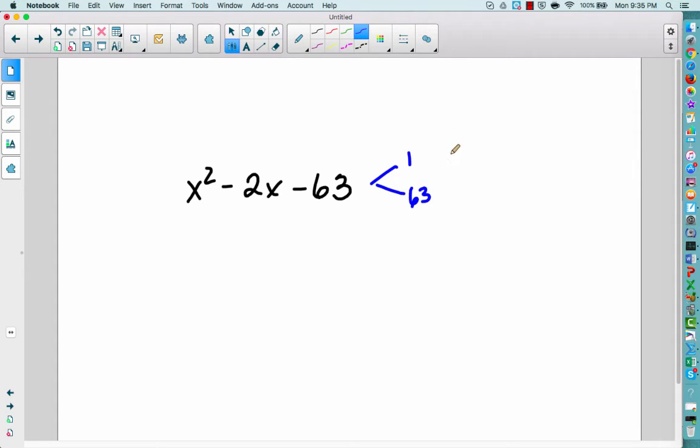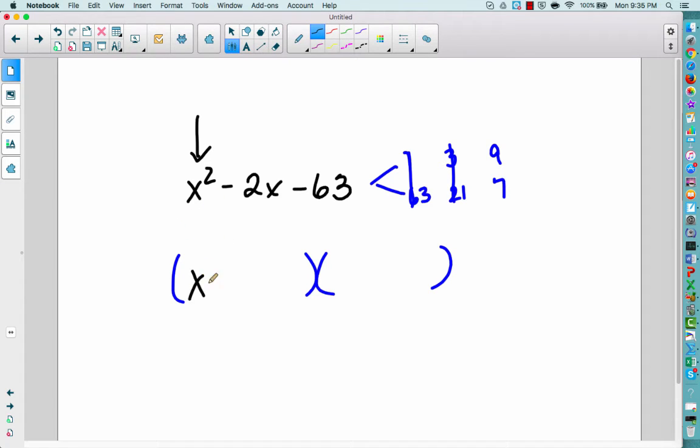That's not going to add to 2. I've got, let's see, 3 and 21. That's not going to add to 2. But you might be seeing right off the bat that it's 9 and 7. 9 and 7 do add to 2, and 9 times 7 gives me 63. So, love it. First term's a coefficient of 1, so it's x and x. I put in my smiley face, put in my 9 and my 7.